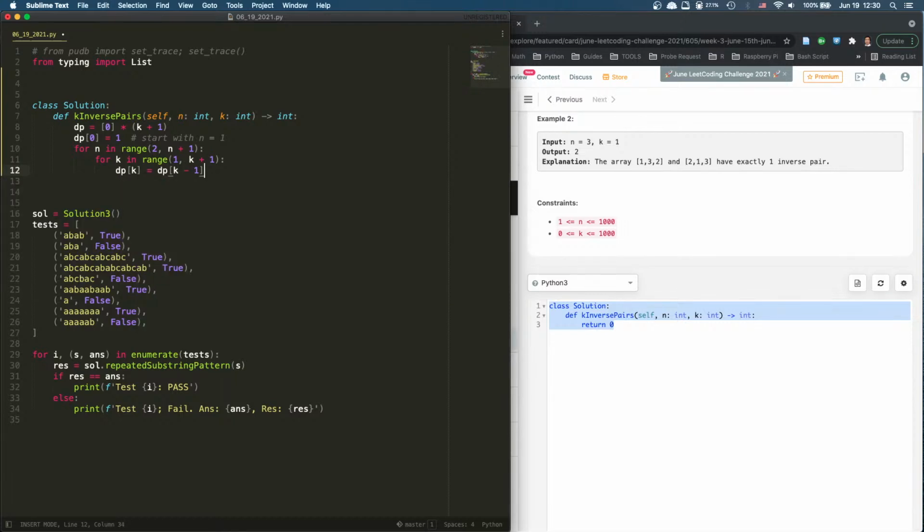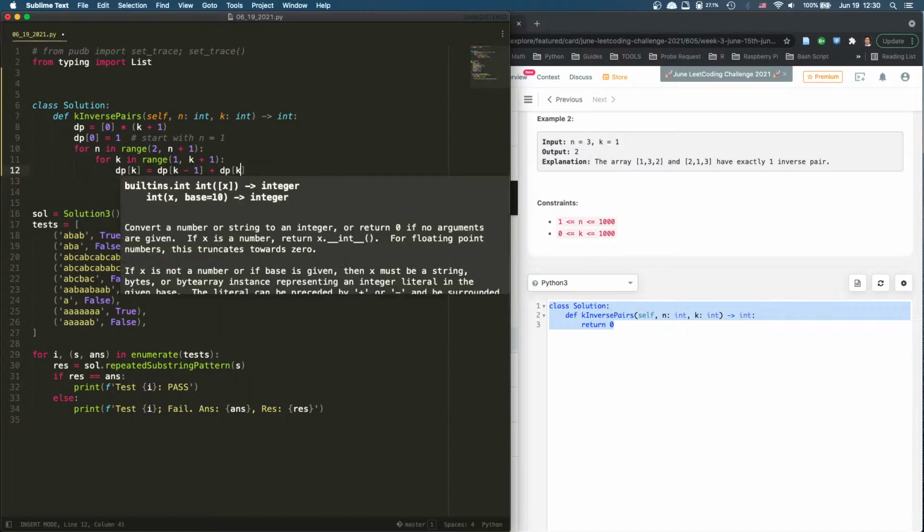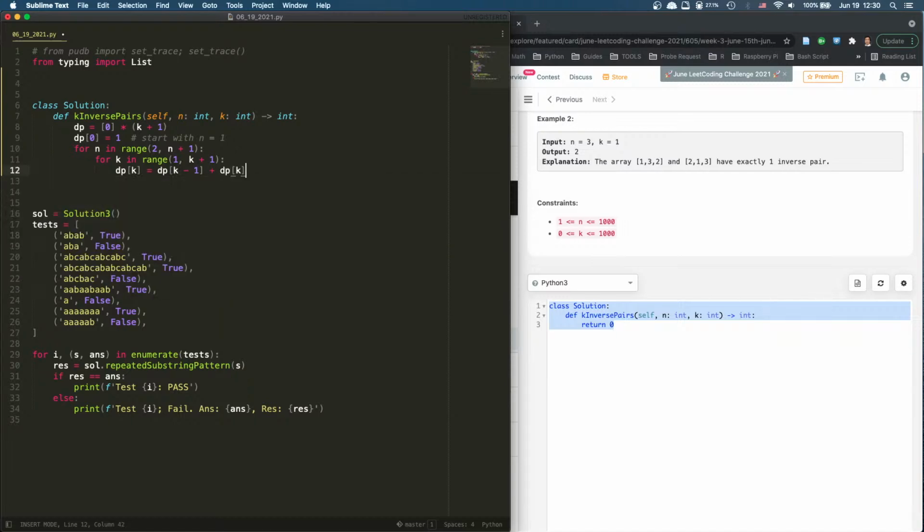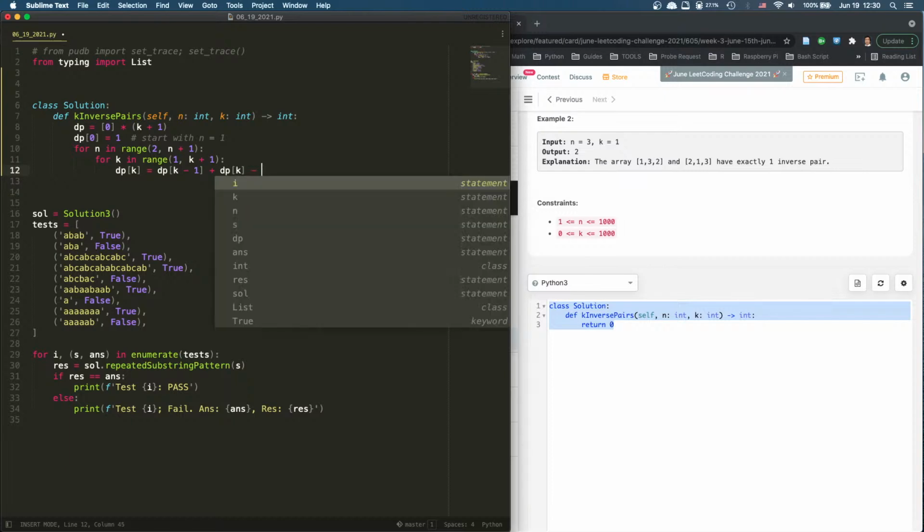That's the previous one, plus dp k, minus, what? So k minus 1 is the one right before.